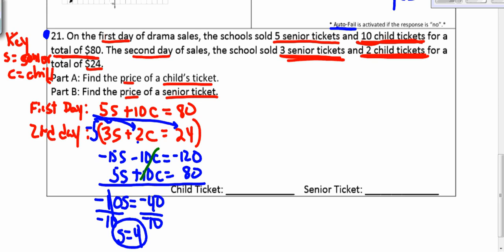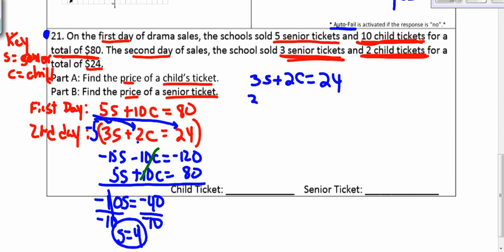And that is the senior ticket. All right, so now you go and pick an equation from the top that you feel is easier. I'm just going to go with the bottom one, the 3S plus 2C equals 24.